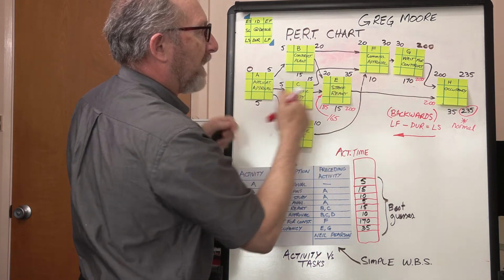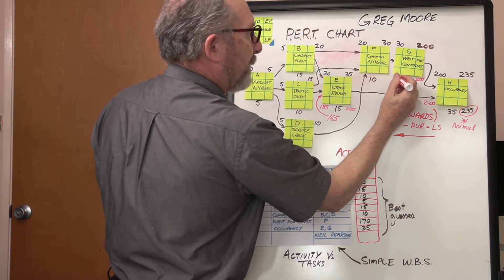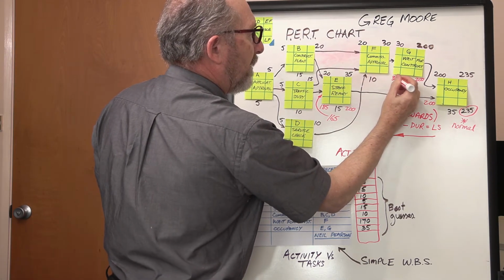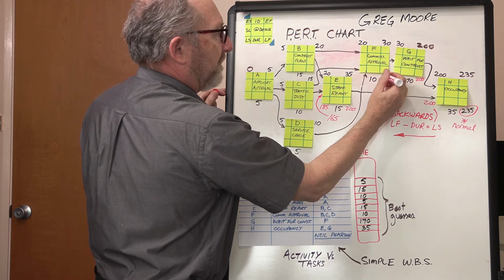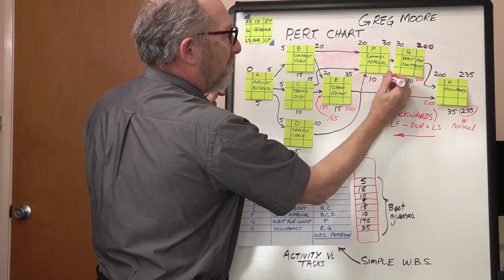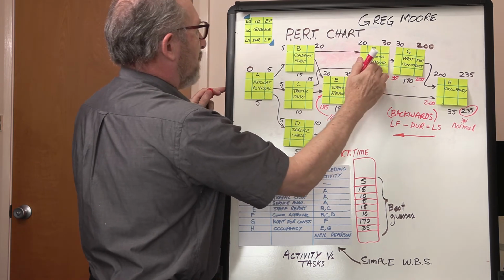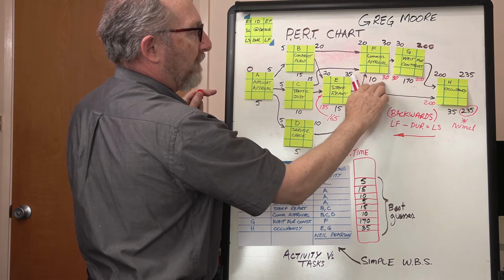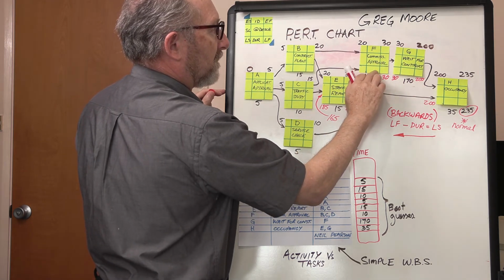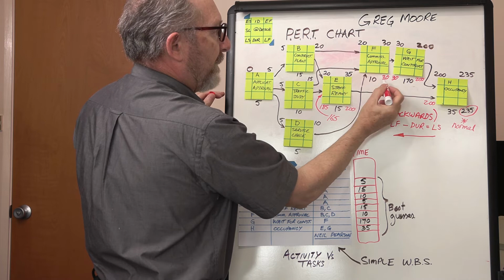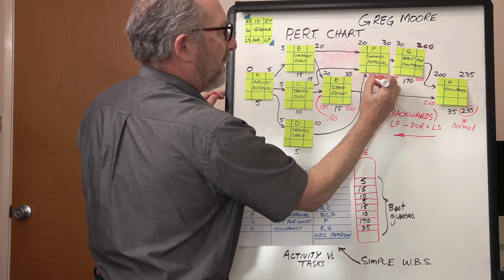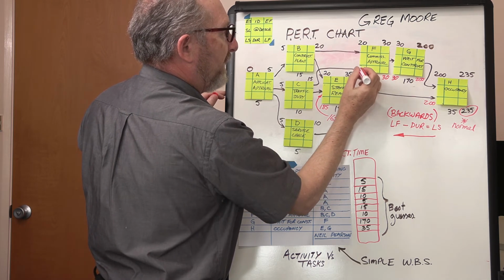200 minus 170 equals 30. 30 there for a late finish. Late start, late finish, both going to be the same then. 30 minus 10, this is going to be 20.